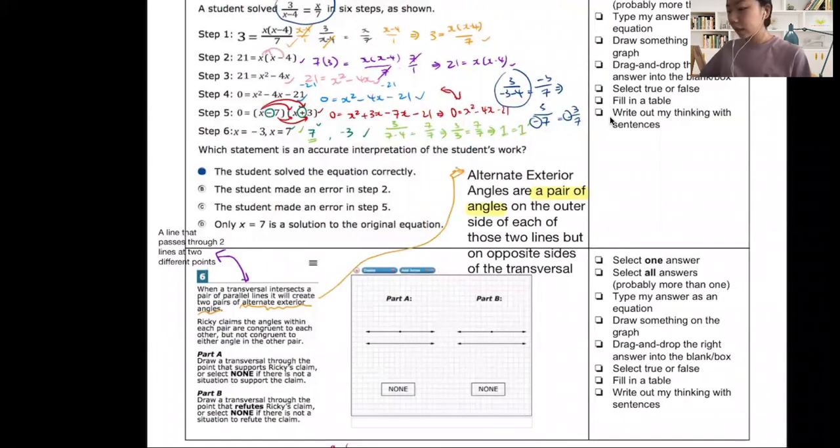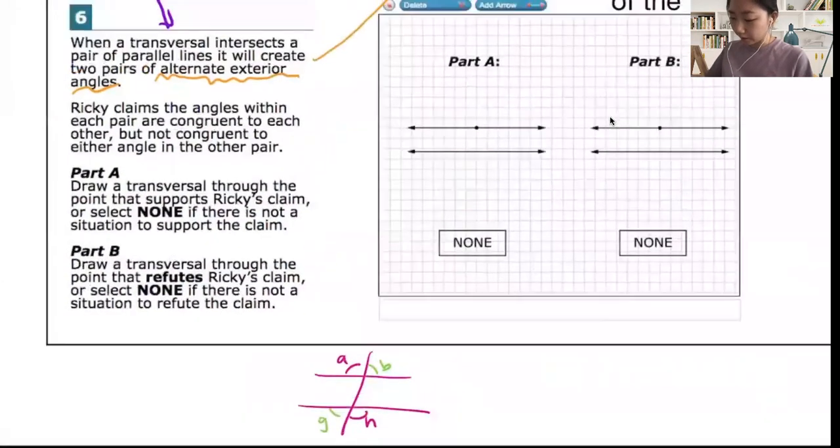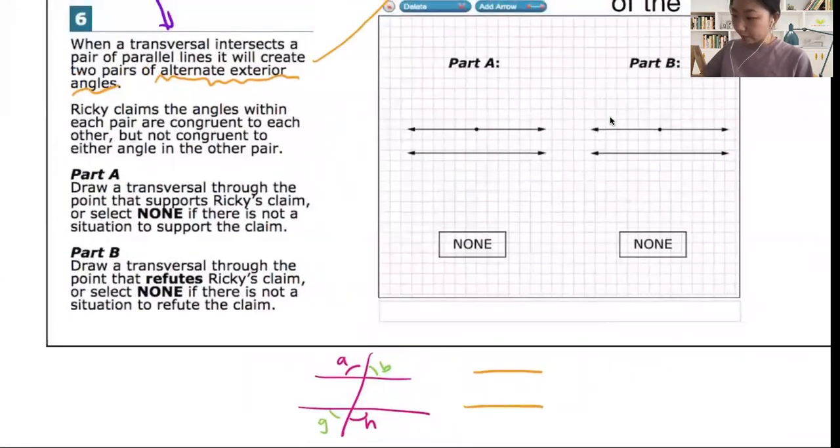Alternate exterior angles are a pair of angles on the outer side of each of those two lines, but on opposite sides of the transversal. So what it looks like is this. So if I have a line, so this is a parallel line I have, right? And I have a line going through.